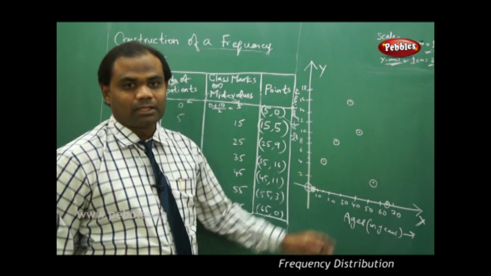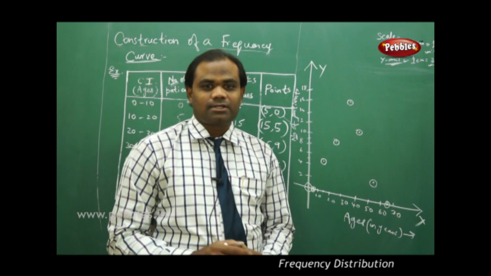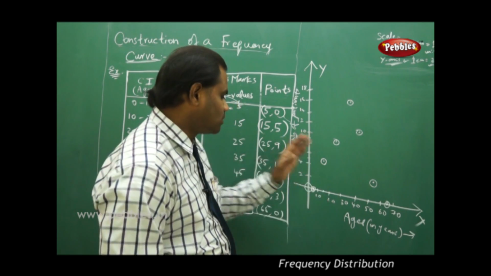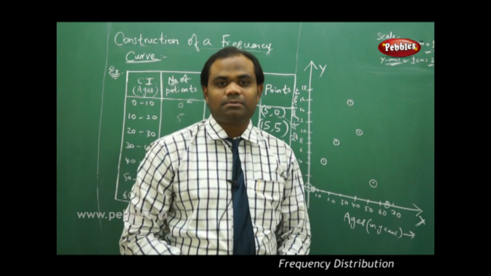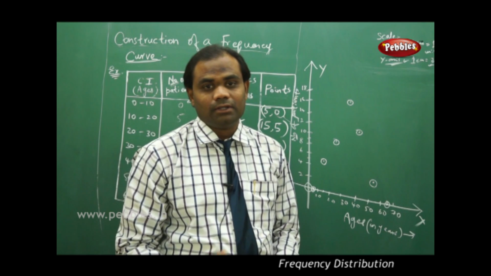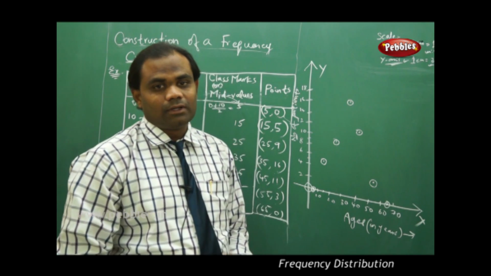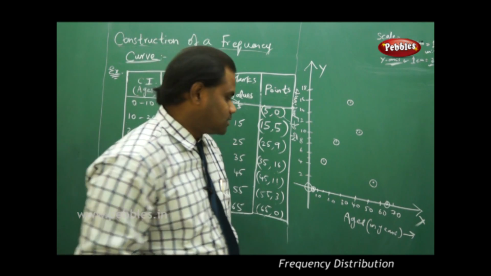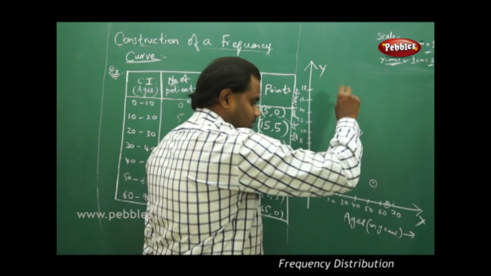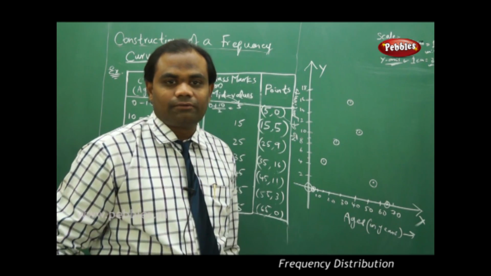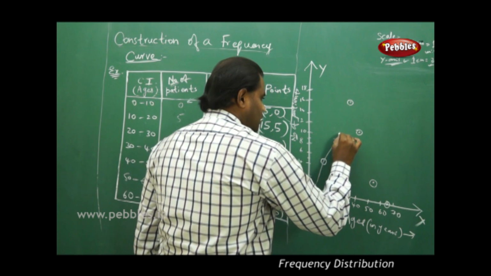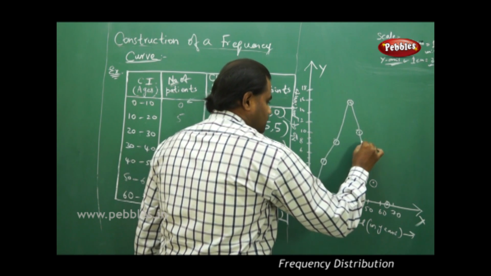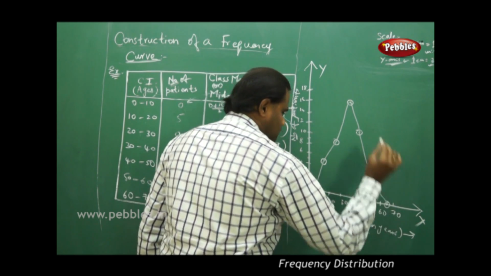So this is how I get the points. In the construction of a frequency polygon, I just join each of the points with a straight ruler so that I get an n-sided closed figure. But in the case of a frequency curve, I do not use the ruler, I just join the points with a free hand, a smooth continuous curve. So when I start with this point, this is how I join with a free hand.